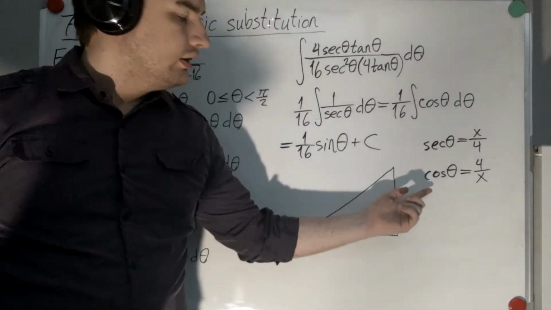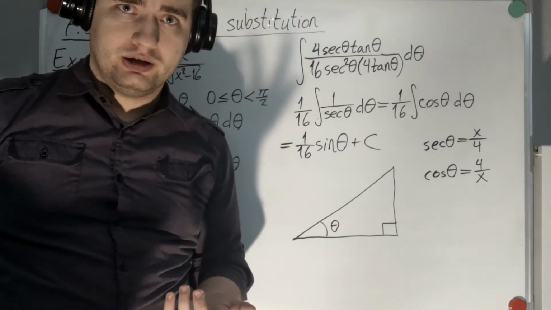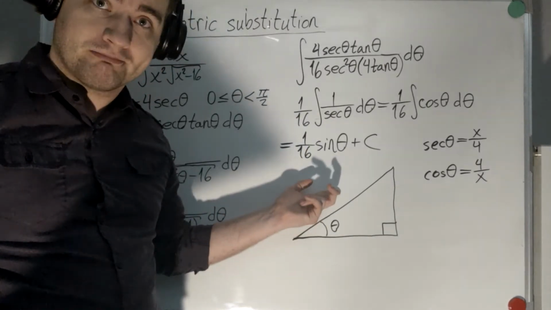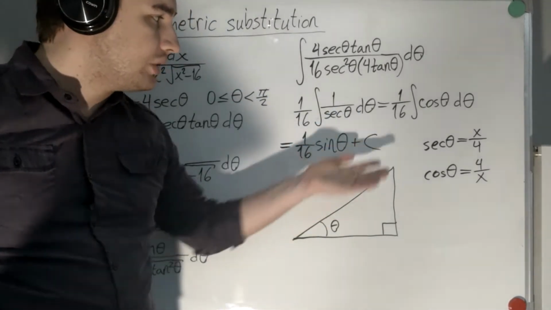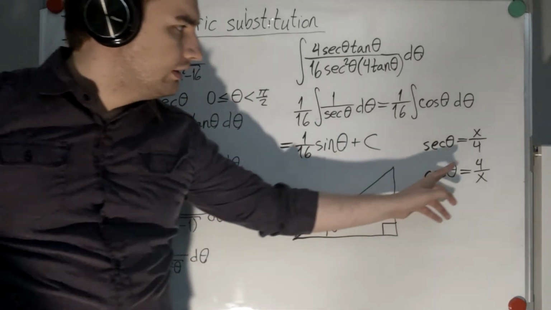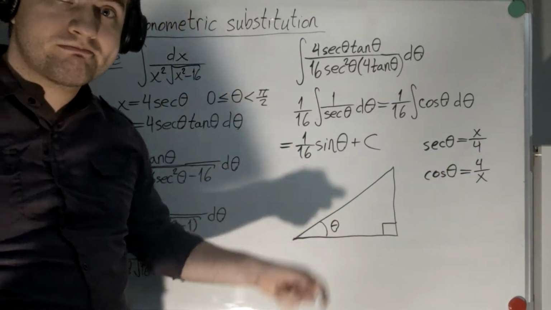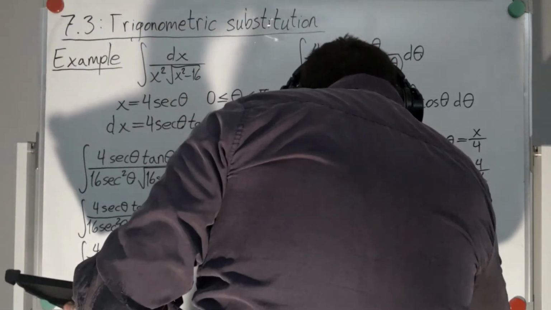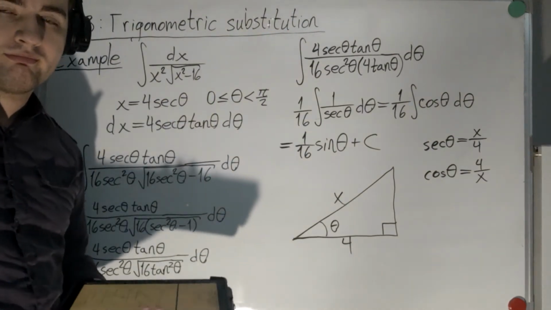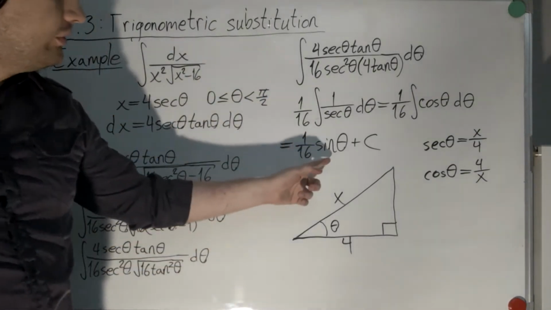Now from here, well, cosine theta, in a right triangle, the cosine refers to the ratio of the adjacent side to the hypotenuse. So, what this is telling us is that there is a triangle out there with an acute angle of theta whose adjacent side is 4, and whose hypotenuse is x. So, 4 and x can go on this diagram. Now from here, well, what we are really after is sine theta.